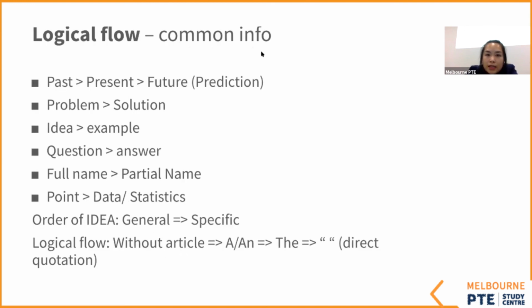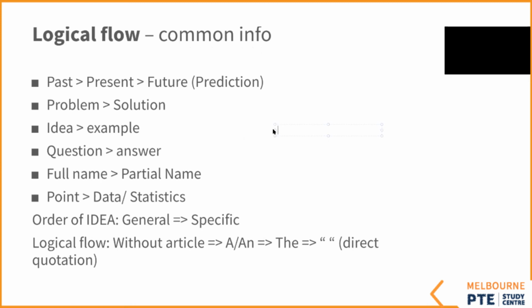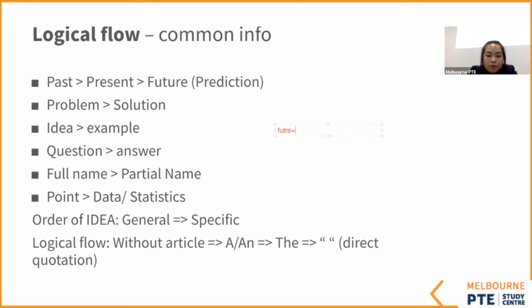The next technique is logical flow. And this one I already explained to you guys pretty much from the first technique as well. For example, when you discuss something, the flow that you discuss is, for example, you go from future, past, and then present, right?